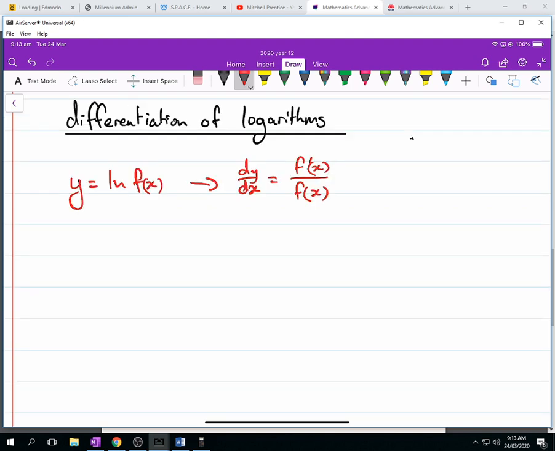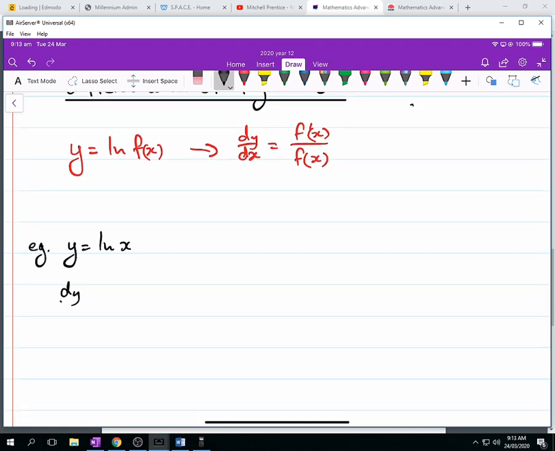So this is going to mean that if I just have a basic logarithm, e.g., if I have y is equal to ln of x, we would find that therefore dy dx is equal to our x, which is in the denominator, so our f of x, over the derivative of that highlighted part, so over 1.